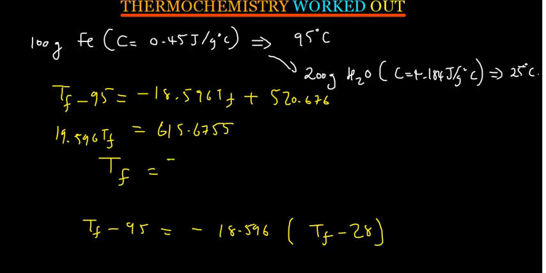So this is going to give us a temperature of 31.4 degrees Celsius. In case of any problem, we can revisit that. But that is the procedure that we're going to take to be able to calculate the temperature here.